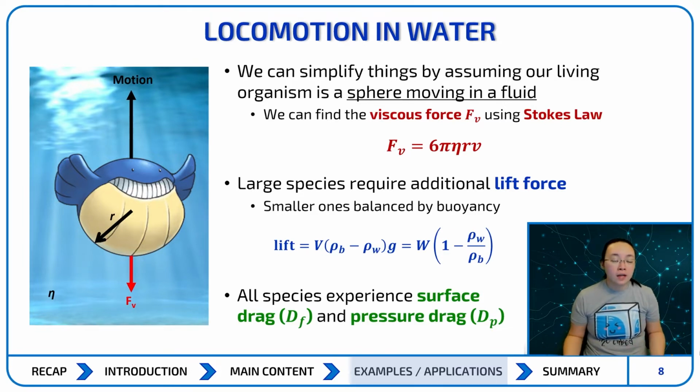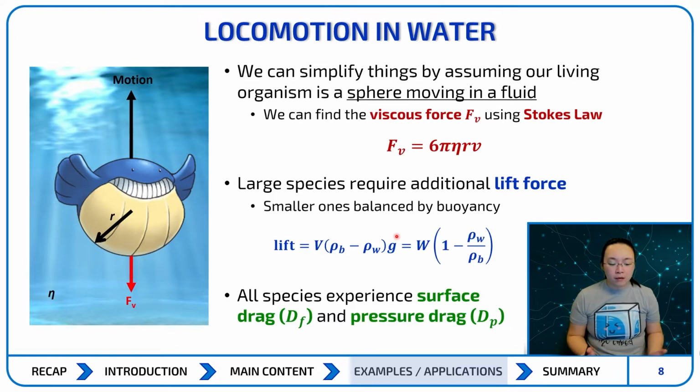So in that sense, larger species will require additional lift force. And that lift force is going to be equal to this equation over here. I won't go through it again, but it would be good to know that equation, or at least explain why a lift force is required in some cases.